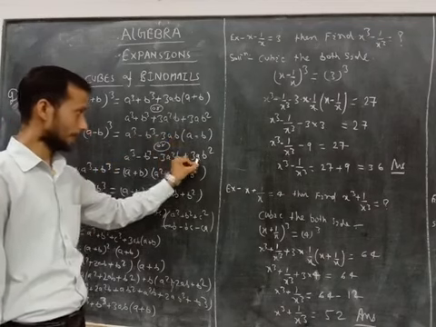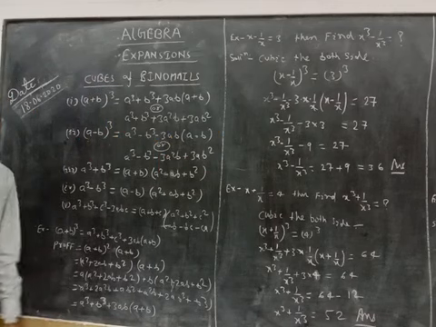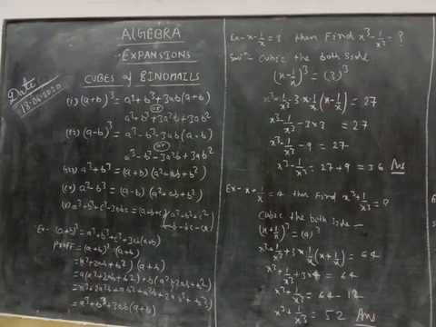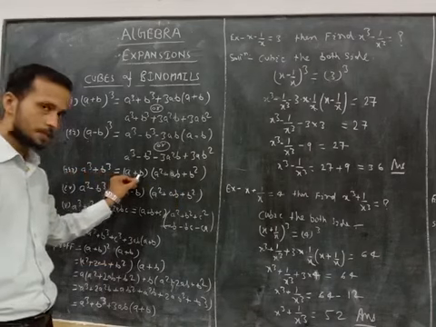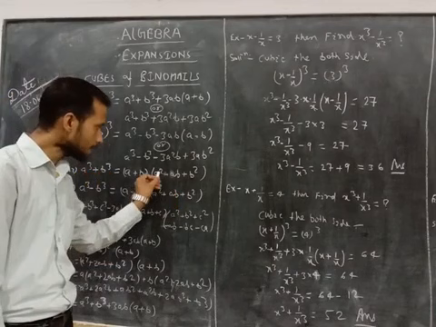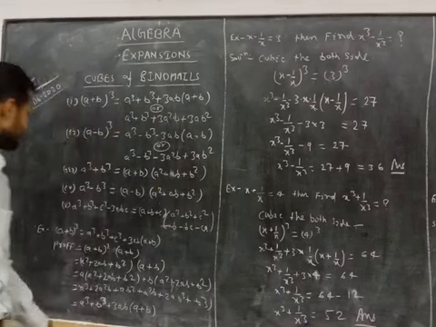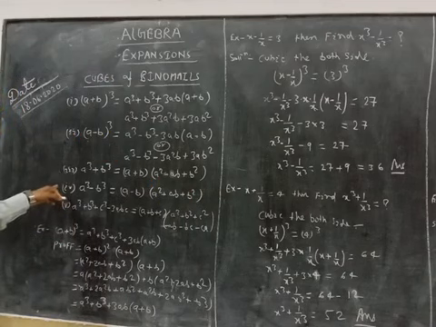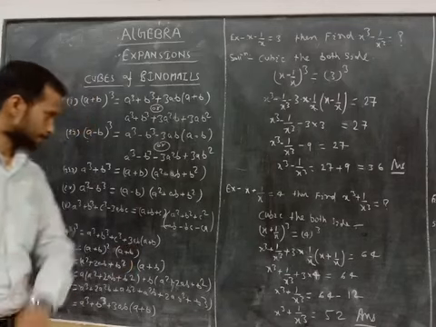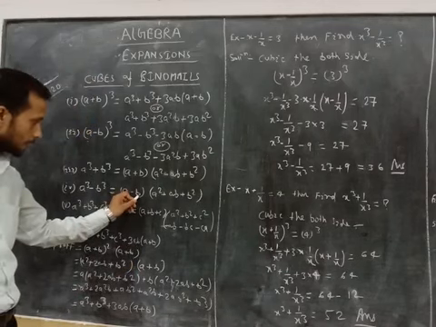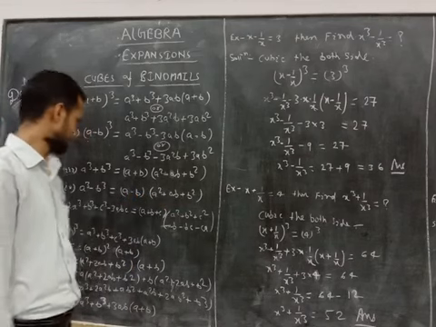Next, the third formula: a cube plus b cube is equal to what? A cube plus b cube is equal to (a plus b) into (a square minus ab plus b square). Then the fourth formula: a cube minus b cube is equal to what? (a minus b) into (a square plus ab plus b square).